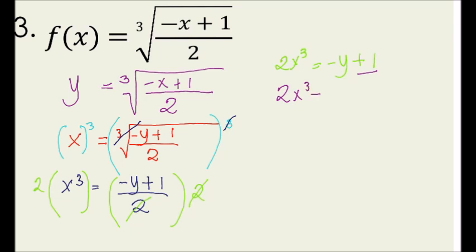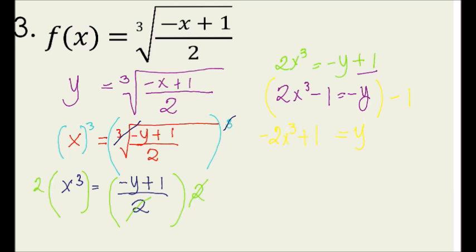So we will have 2x cubed minus 1 equals negative y. Now, of course, we don't want the coefficient of y to be negative. So to get rid of that, we multiply both sides with negative 1. Thus, we will have y equals negative 2x cubed plus 1.